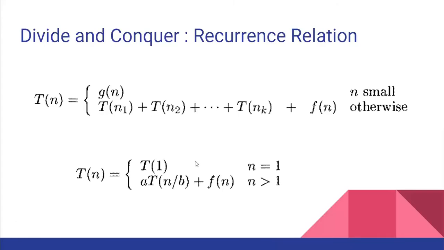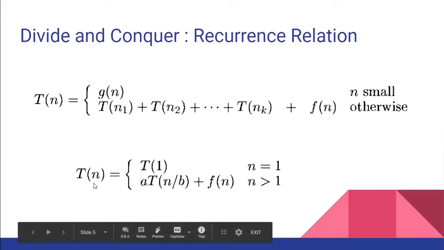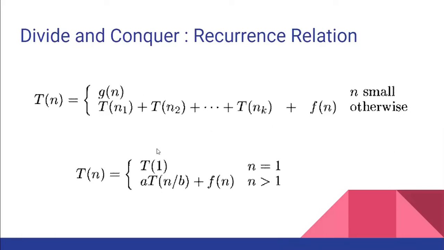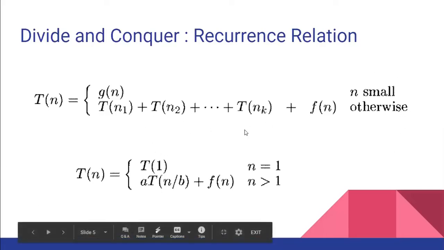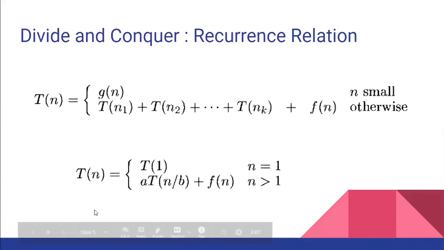So what is the substitution method? This method repeatedly makes substitution for each occurrence of the function T on the right hand side until all the occurrences disappear. So this is the recurrence relation for the time complexity represented by many divide and conquer algorithms. So it should be learned by heart.